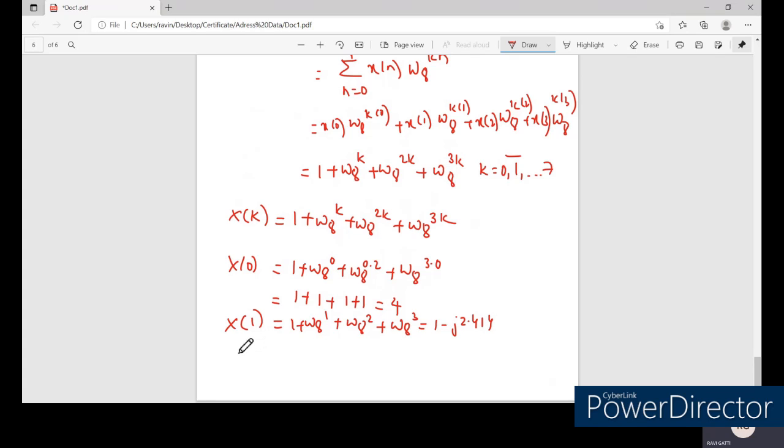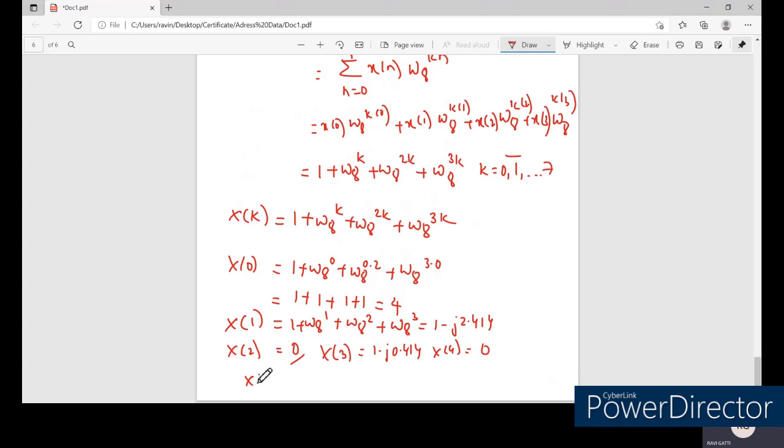Similarly, when you substitute k equal to 2, the answer is 0. Next, when you substitute k equal to 3, you'll get 1 minus j 0.414. When you substitute k equal to 4, X of 4 is 0.